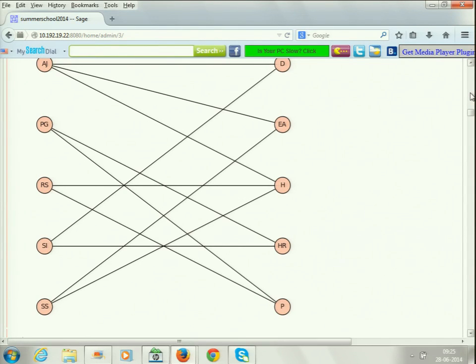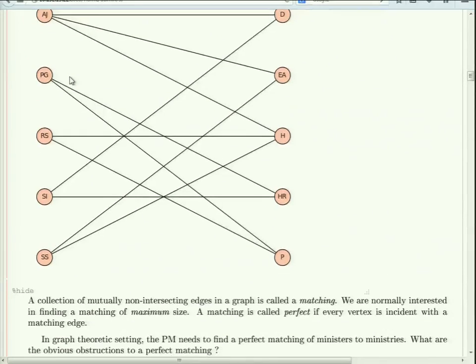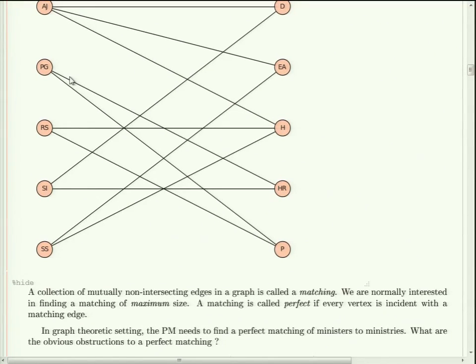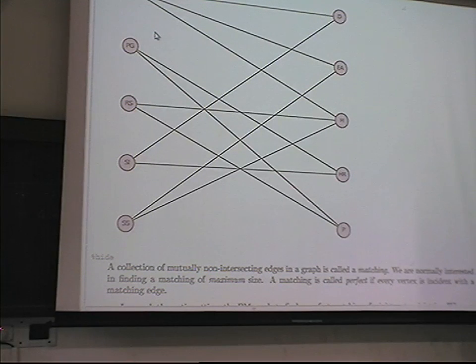There are exactly 5 ministers and 5 ministries. Let's see if there is a maximum matching, and this you can find using Sage.